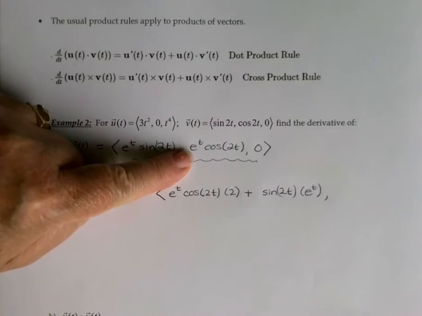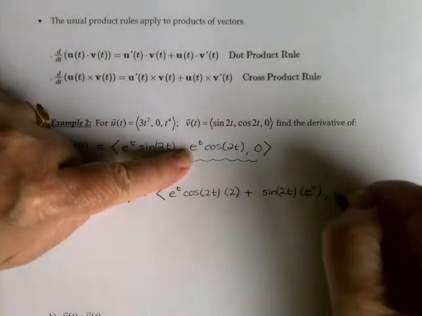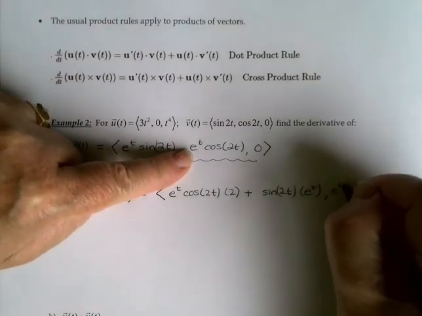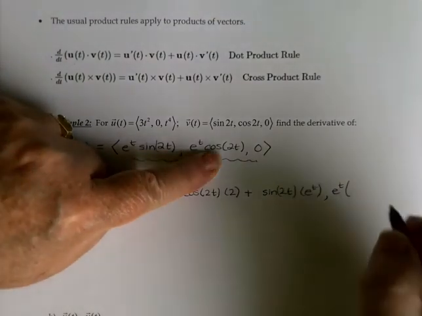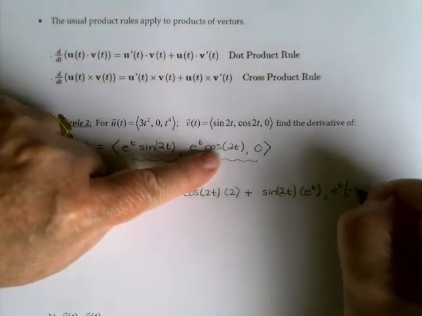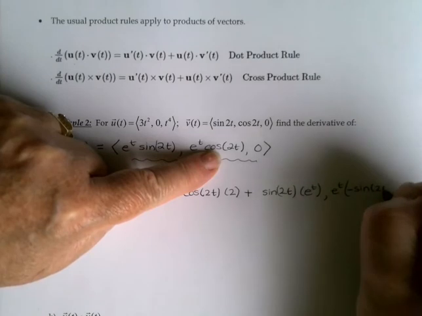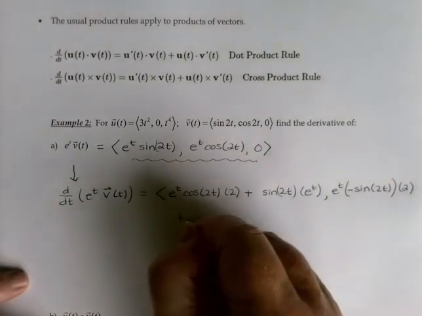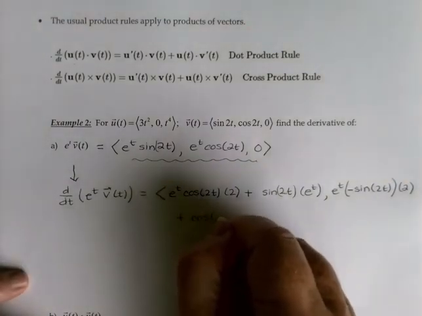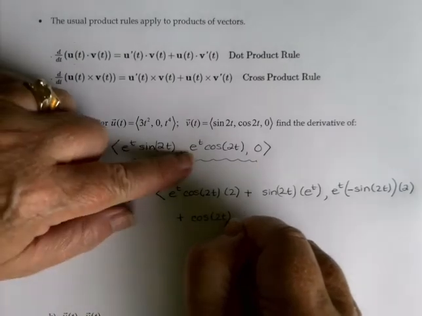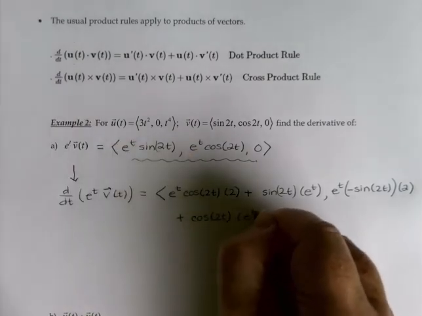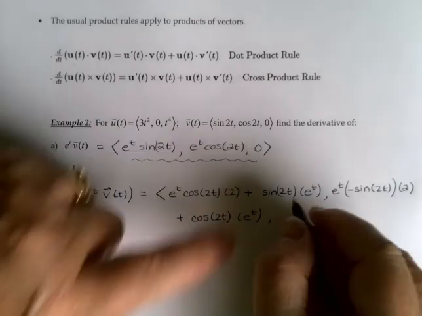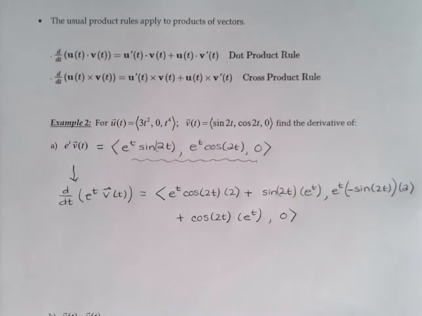And the same sort of product rule here. I would have e to the t times the derivative of cosine 2t, which is negative sine 2t times 2 for the chain rule, plus the cosine of 2t times the derivative of e to the t, which is still e to the t. And of course the derivative of 0 is still 0.